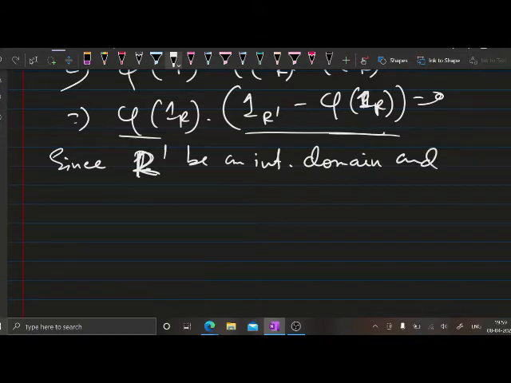now since R dash is an integral domain, it is true that phi of 1R is not equal to 0. Why is it true?